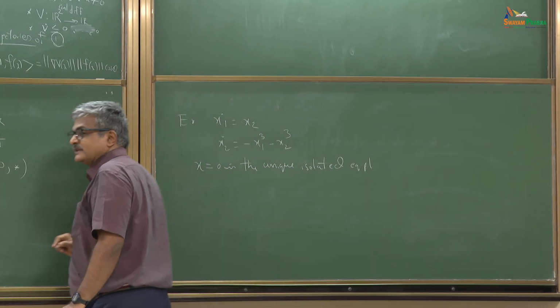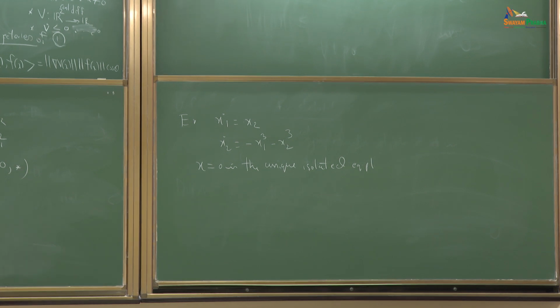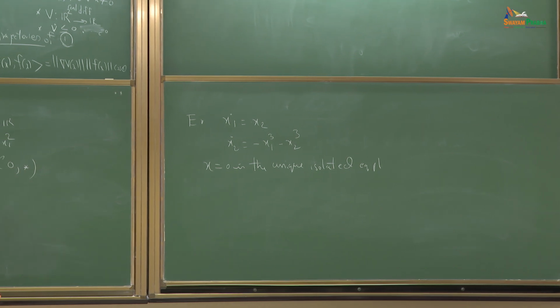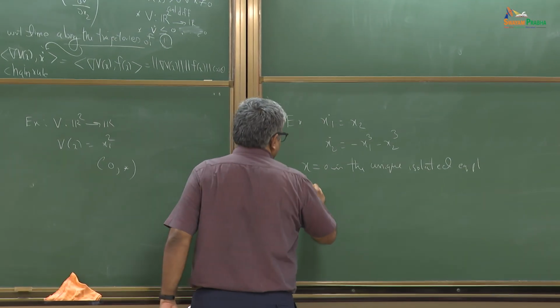And we want to analyze the stability of the equilibrium point, right. As I said, all these stability notions are with respect to equilibrium points, right. So what is the v that you will take?